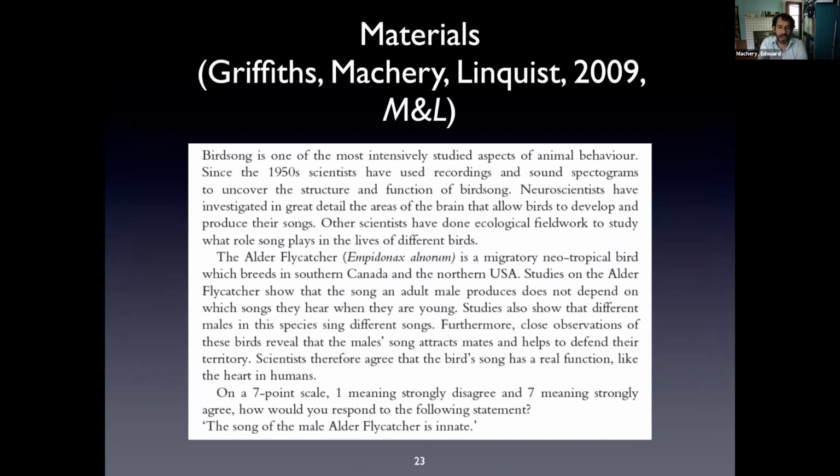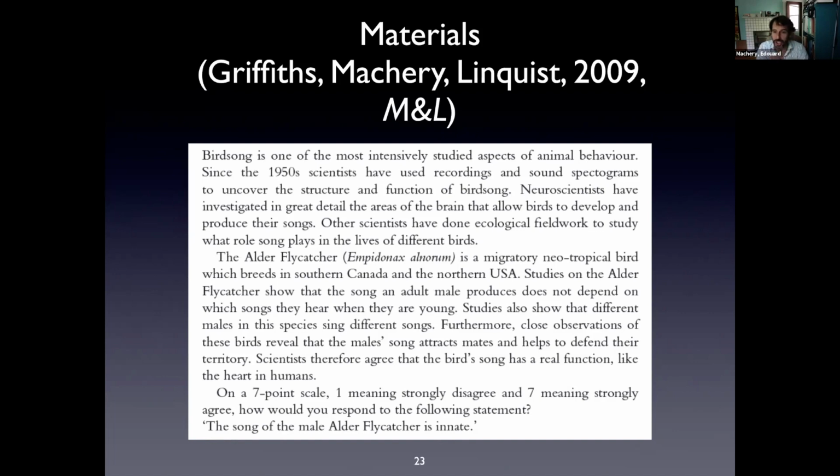Let me just give you an example. We give some information about bird song. It's one of the most intensively studied aspects of animal behavior. Since the 1950s, scientists have been using recordings to uncover the structure and function of bird song and have investigated in great detail the areas of the brain, and so on and so forth. All that is true. Then we give some information about a specific bird.